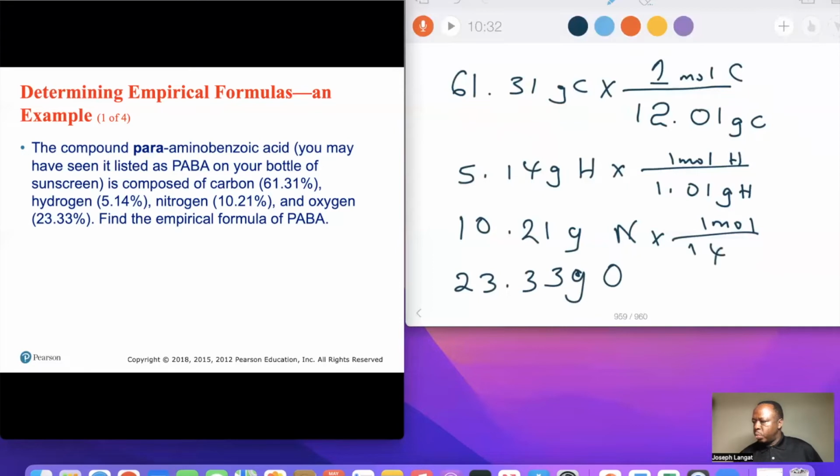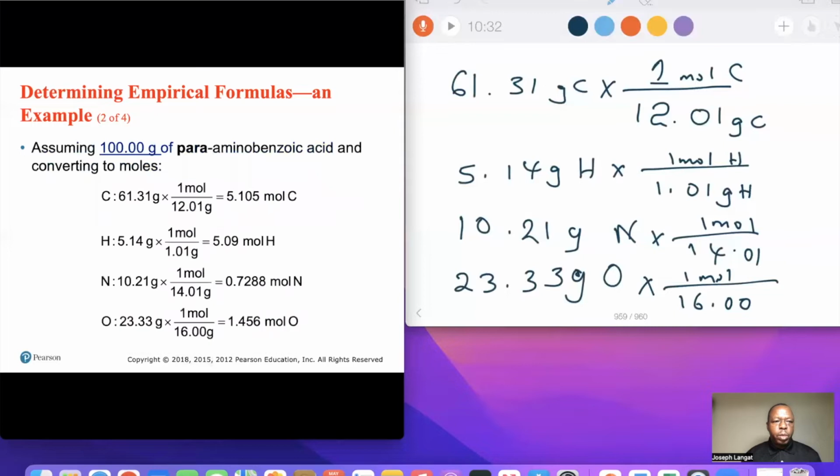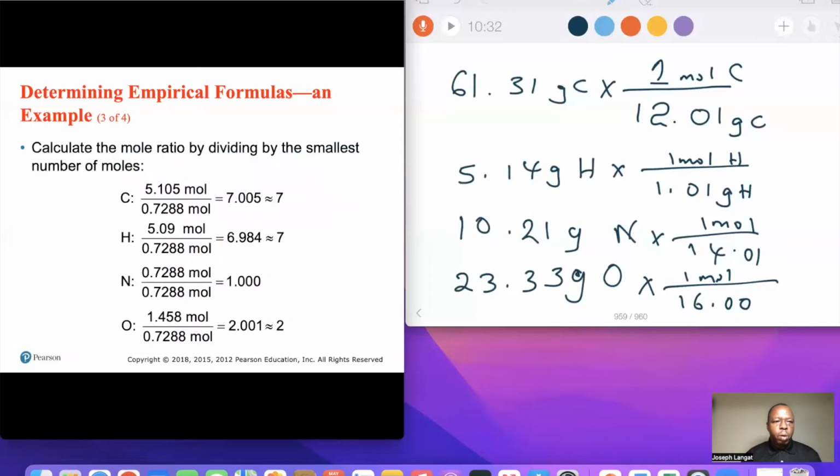This is 14.01 times 16.00. This is 1 mole of oxygen. So that's the setup. And then you divide by the smallest number of moles. That will give you the simplest whole number ratio, C7H7N1, because nitrogen was the smallest, and oxygen.